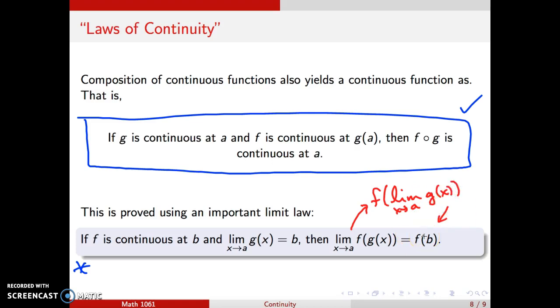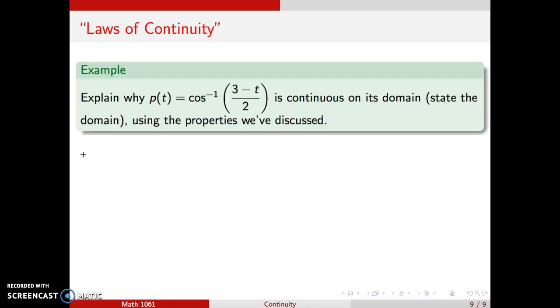But this step here is entirely because of f being continuous at b. That's something that gets revisited in Calc 2 and even in multivariable calculus. This is the continuity law, so to speak, but this important rule is floating in the background.